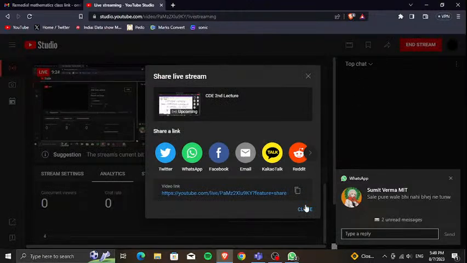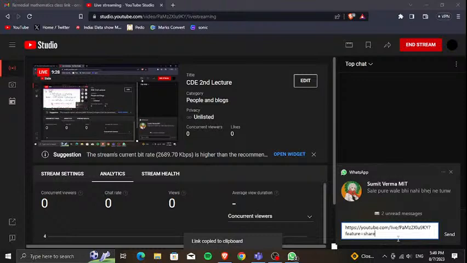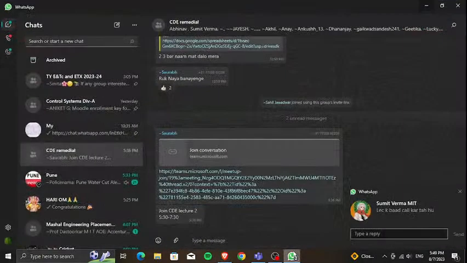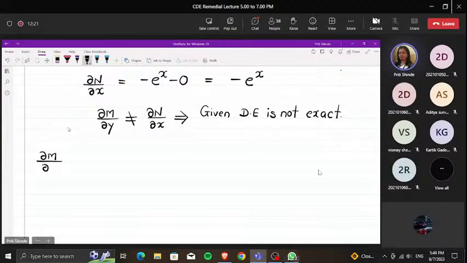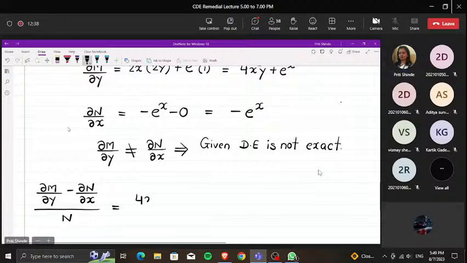So find out del m by del y minus del n by del x, divided by n. Just simplify. After simplifying, if it is a function of x only, then you can apply rule number 3. So what is del m by del y? It's 4x square y plus e raised to x.